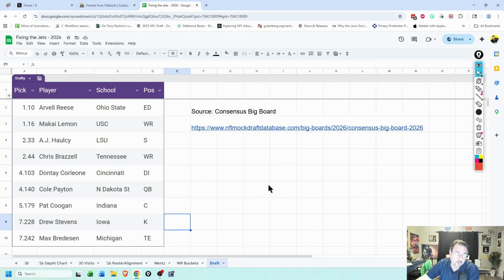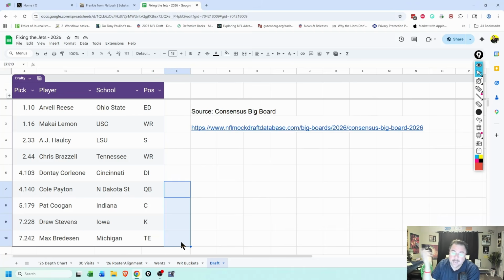He's generally regarded as the best kicker in the draft, and kicked for Iowa outdoors and in the weather, so there's that. And then Bredesen is not a great player, but he does block his butt off. So we get our blocking tight end.